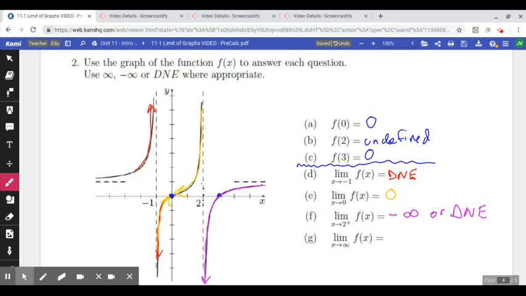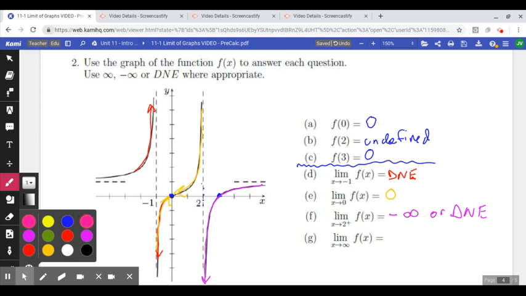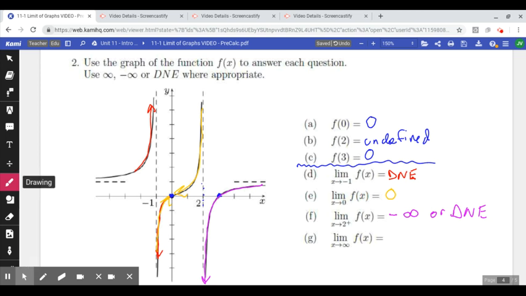Let's take a look at G, and G is called an infinite limit. It's called an infinite limit because it's as x approaches infinity. And if x approached negative infinity, that would also be an infinite limit. Let's see if there's an actual value this one approaches, or maybe not. So here I am, I'm a point on the graph, and I'm going to continue all the way to the right. And it looks like we have this horizontal asymptote here.